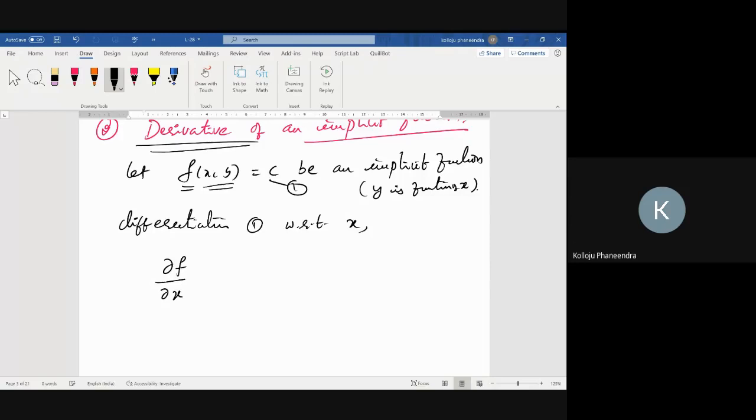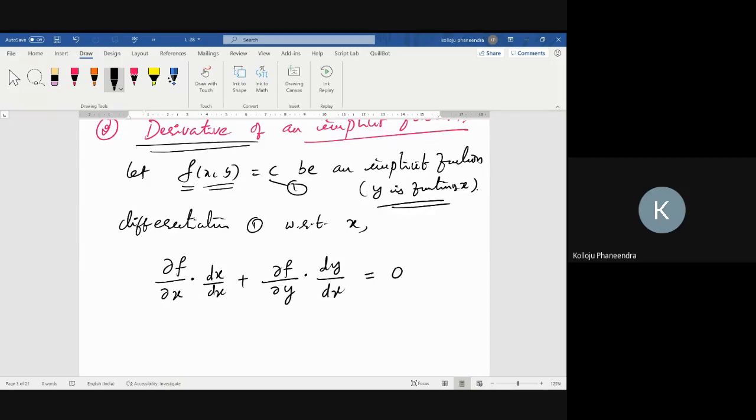Differentiation with respect to x, since it is a function of two variables, f derivative with respect to x into dx/dx plus f derivative with respect to y, and we are taking the derivative with respect to x. y is a function of x. So equal to constant, derivative 0. Is that clear?